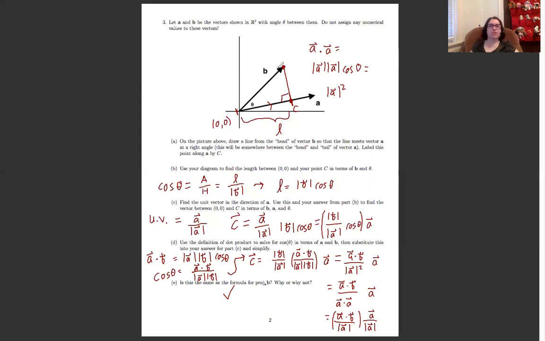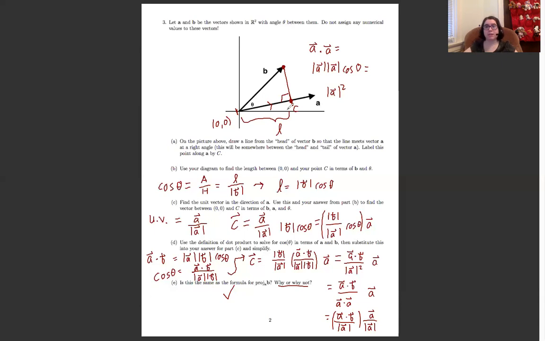So how much does this vector sort of agree with this vector? It goes this much and then no further in the A direction. I think that's all I have to say about this one. It makes sense for this to be the same as the formula for projection, because this is literally exactly what it's calculating.